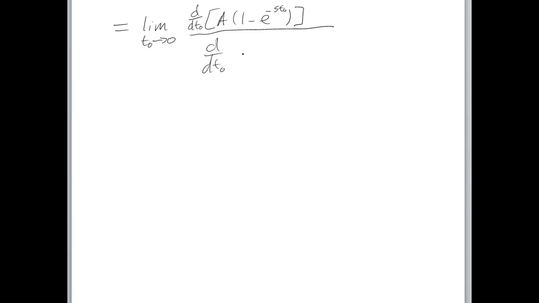Now we can evaluate this limit as t sub 0 approaches 0 by taking the derivative of the numerator and denominator. So we can do d by d t0 of a times the quantity of 1 minus e to the minus s t0, and the derivative with respect to t sub 0 of the quantity of t0 times s, which was in the denominator, and this becomes a times s divided by s, or just a.